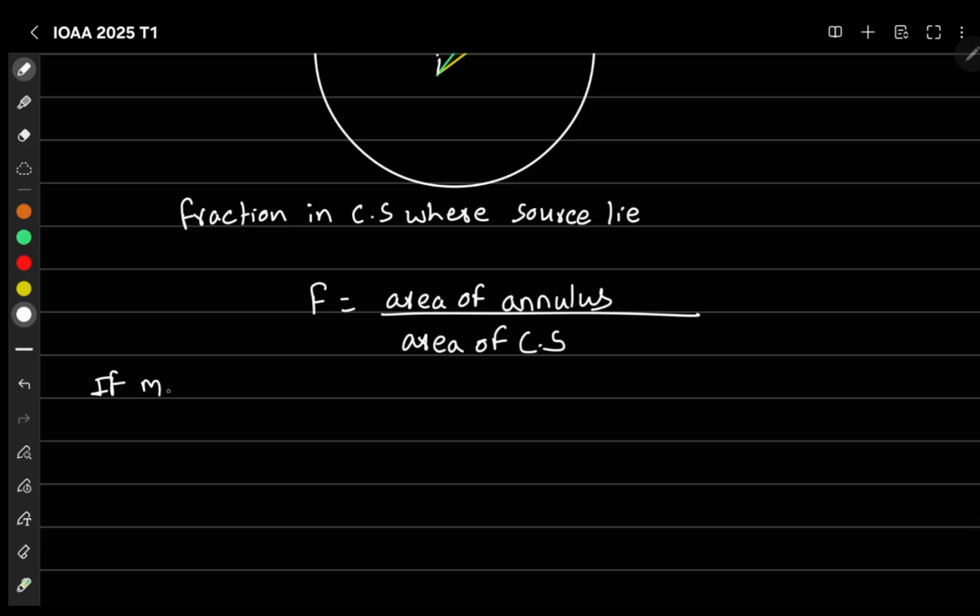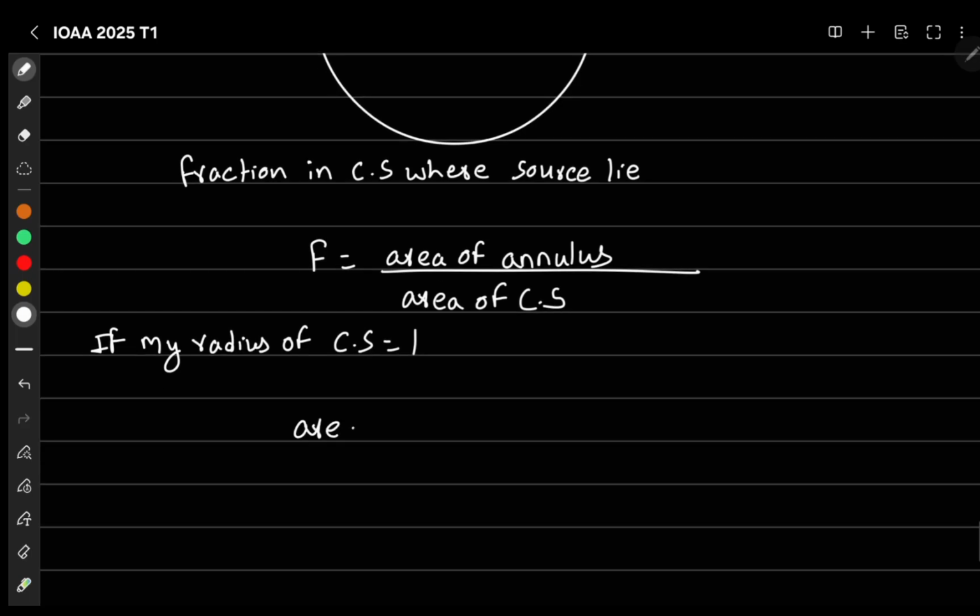If my radius of the celestial sphere is 1, the area is 4 pi.